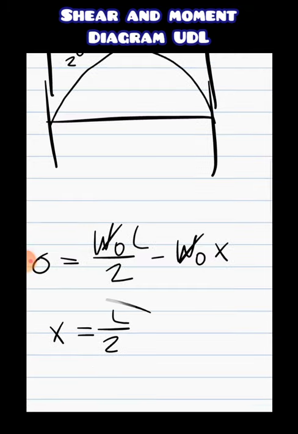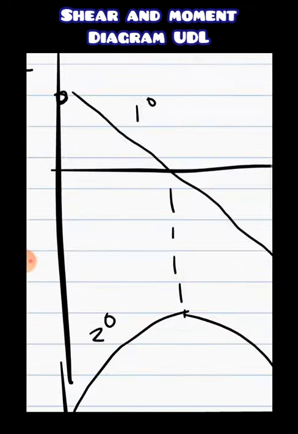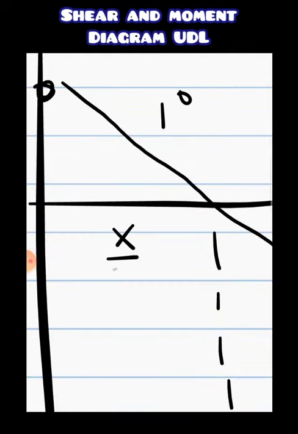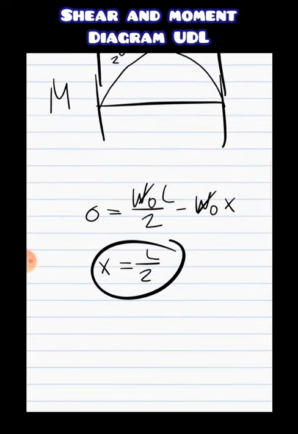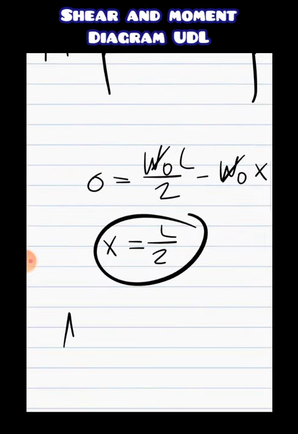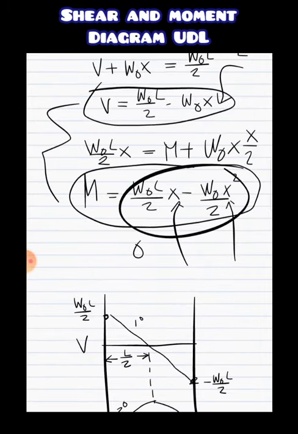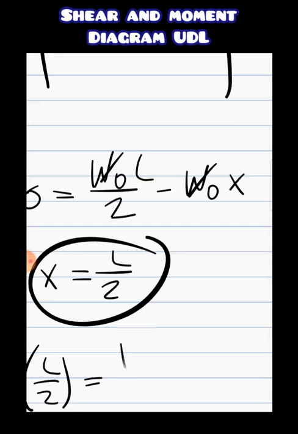And so this tells us that the maximum moment, or wherein the zero here as well occurs, is at x equals L over 2, or just half of the span. Now that we know the location, we could plug this into our moment function, this one, to solve for the value of the max.